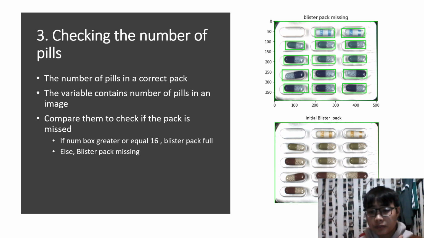We calculate the length, which is the number of bounding boxes in the pack. It should be 16, because the pack is one bounding box and each field is one box.